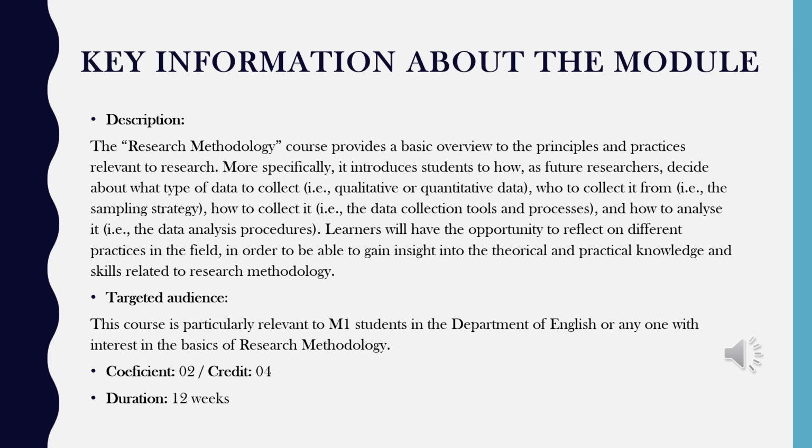This module targets and is particularly relevant to Master 1 students in the Department of English or anyone with an interest in the basics of research methodology. Its coefficient is 2 and it has a credit of 4, and it is supposed to be taught and learned for 12 weeks in total.